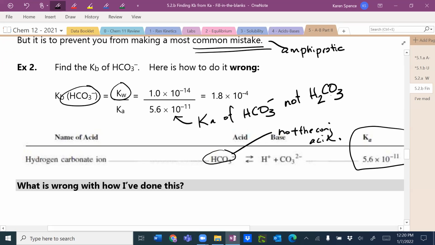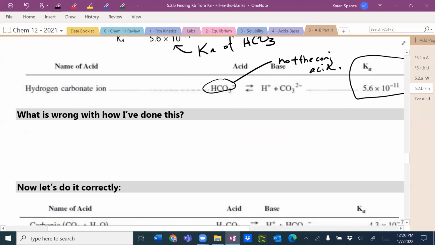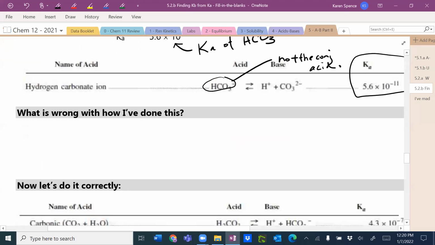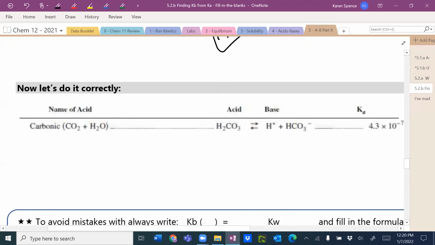And we have to always have that second hydrogen, or third hydrogen sometimes, on the bottom there. I've already written what was wrong with it up there. Not conjugate acid. There we go.